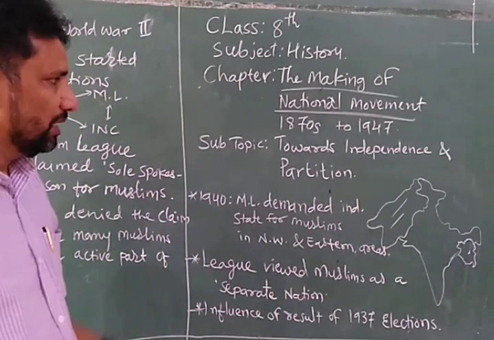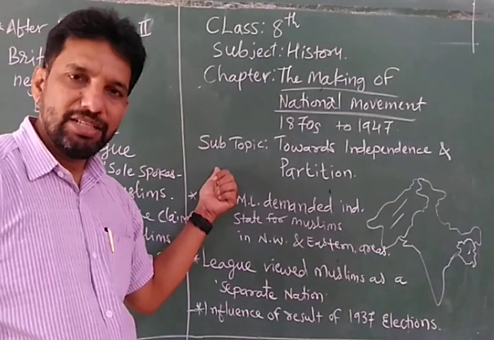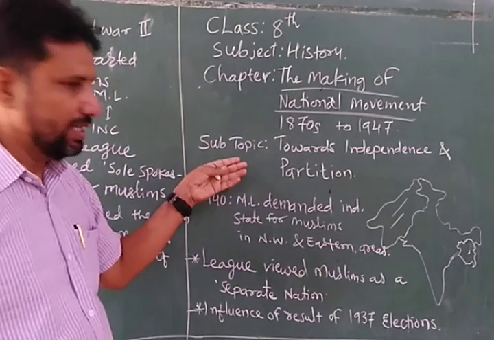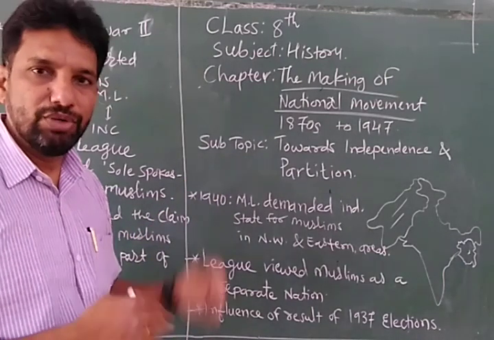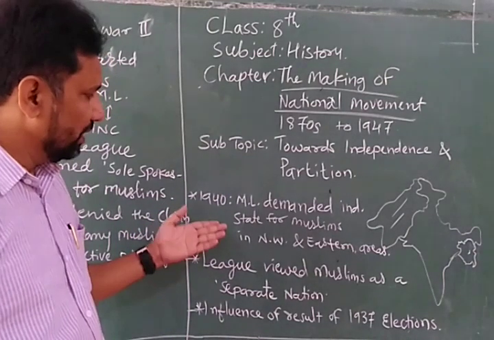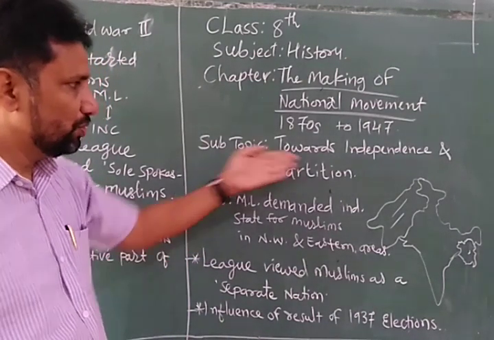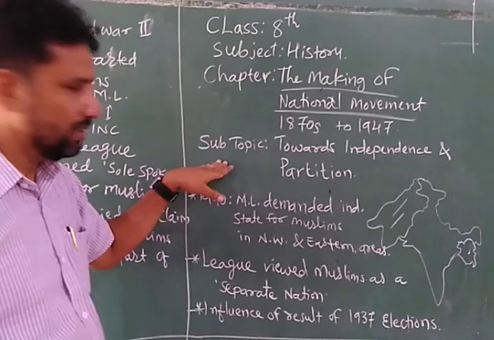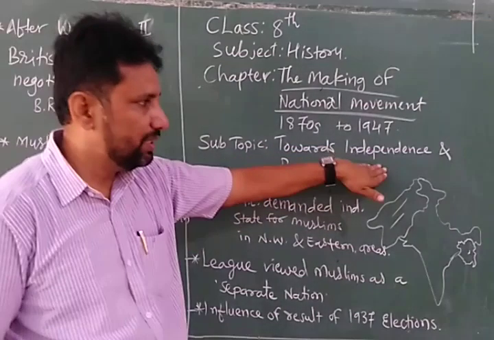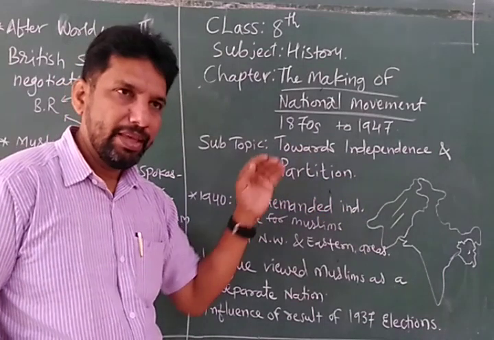That is why it was now decided by the British government, in the middle of World War II, during the 1940s, moving towards independence and partition. We are dealing with the subtopic towards independence and partition.